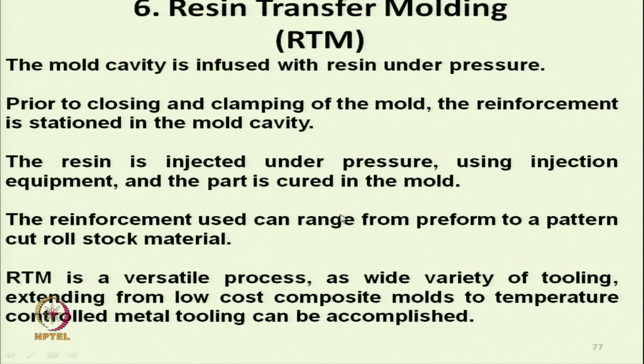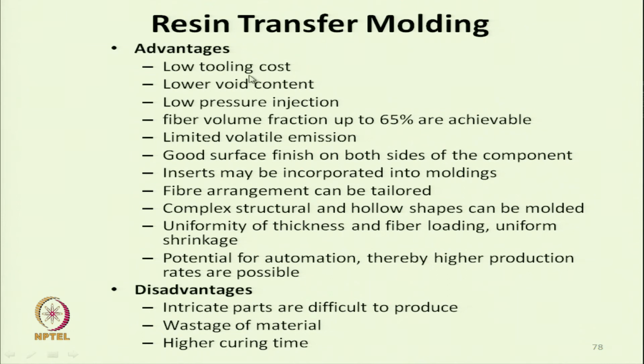The cost of composite manufacturing is low here. So, low tooling cost, low void content, because the matrix can be injected at high pressure. Low pressure injection is also possible for very low viscosity material.